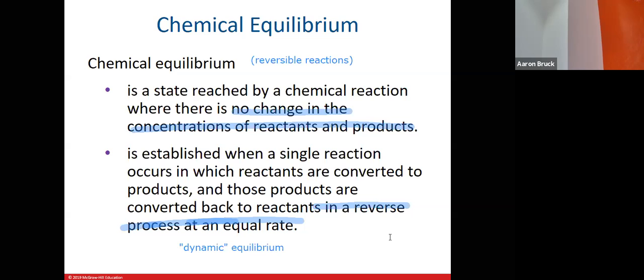Imagine that you have a seesaw. Now, when you and your brother or sister are on the seesaw, you go up and down according to each other's weight and the forces that you're exerting. But if you're in the middle and the seesaw is sitting perfectly still, this is an equilibrium state as well.